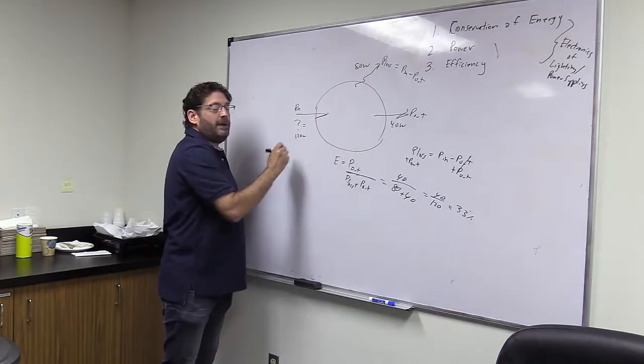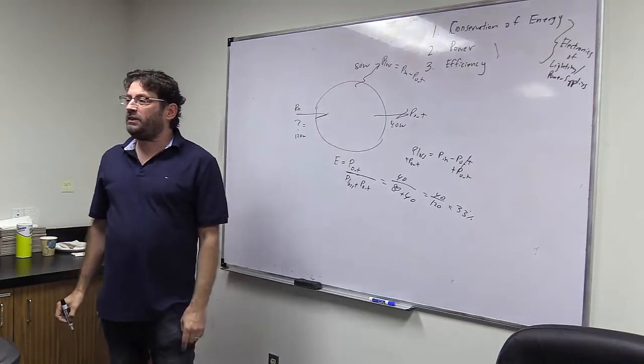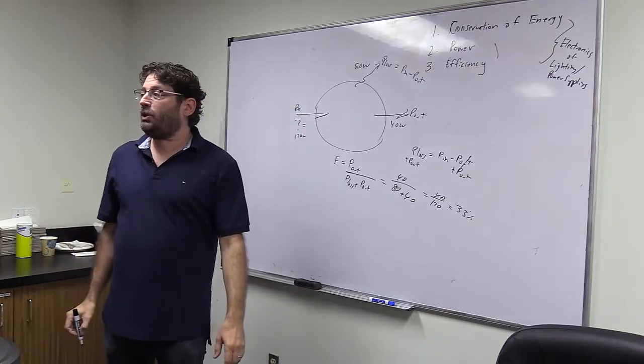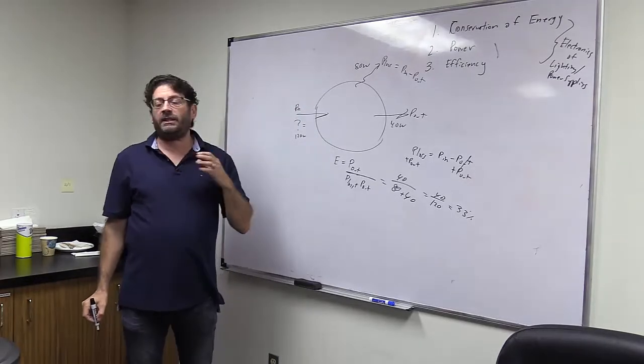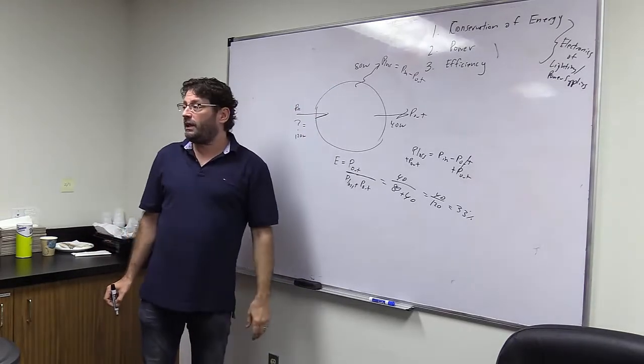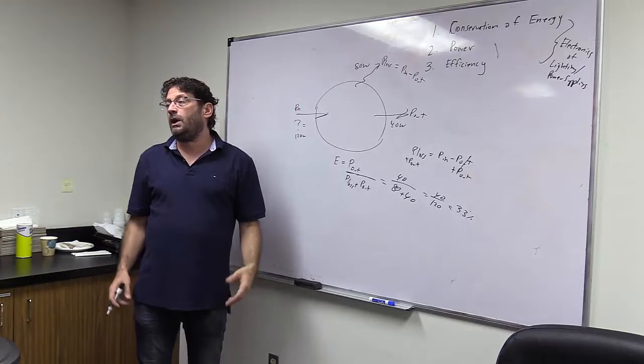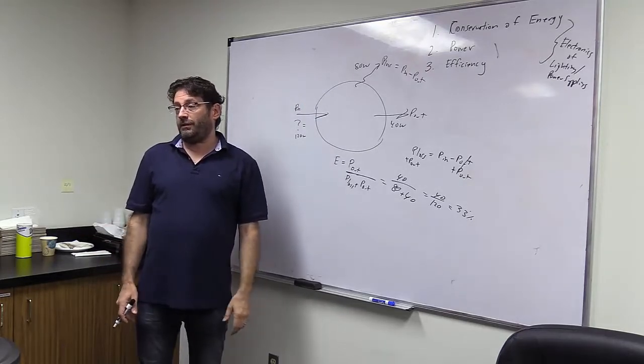So it's 120. I was able to figure out my efficiency without even knowing how much power is going in, if I know how much is lost and how much is going out. The bottom line is if you only know 2 of these 3, you can answer the question, how efficient is the driver? Okay?